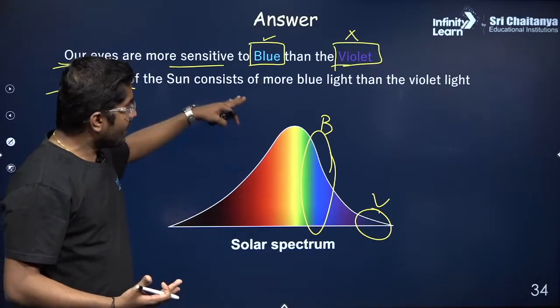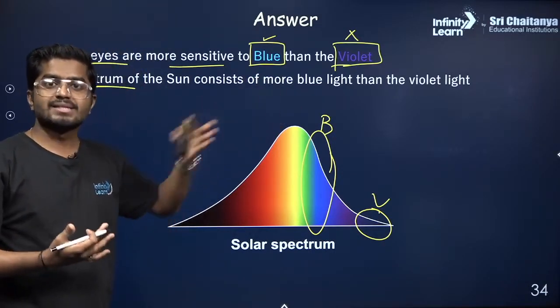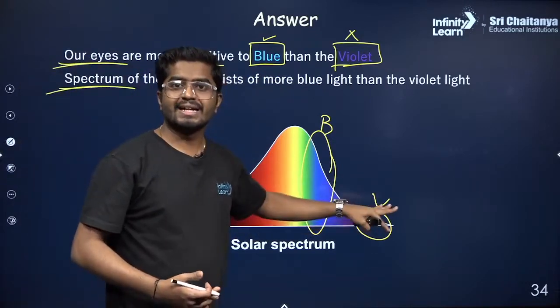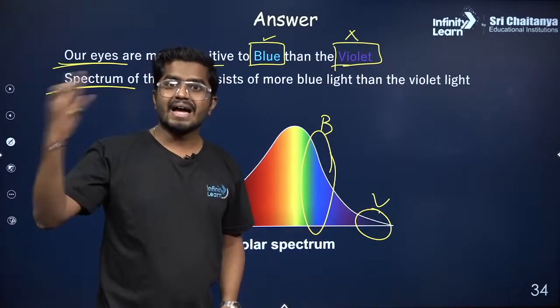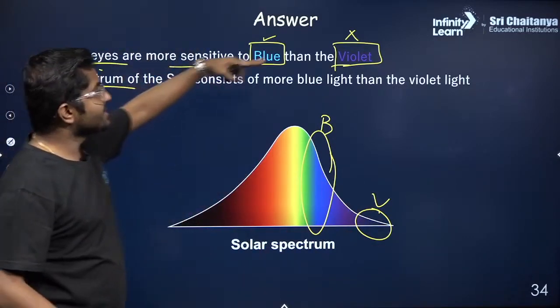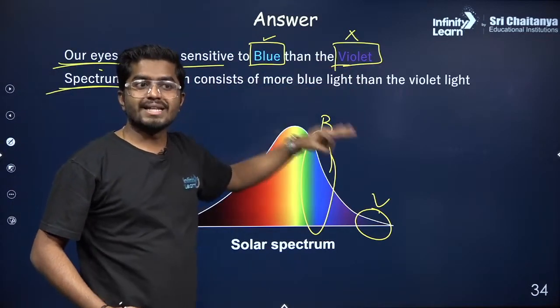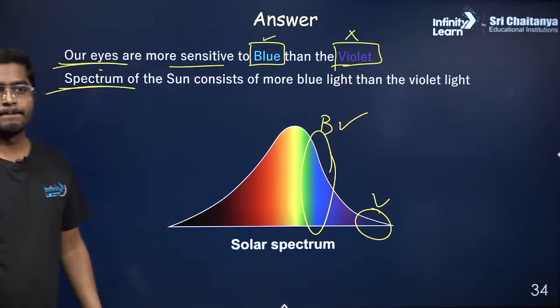That is why the incoming rays from the sun do not have much violet light. So even if it is scattered the most, you won't see that in the sky. And in addition to that, our eyes are not sensitive to violet color. So that is the reason we see the sky as blue. Understood?